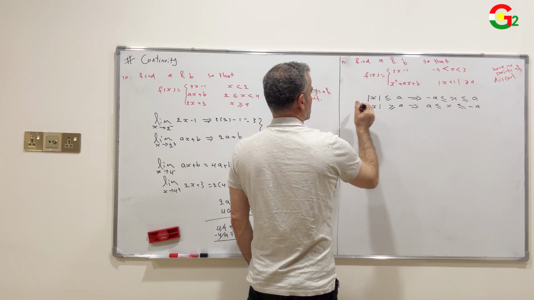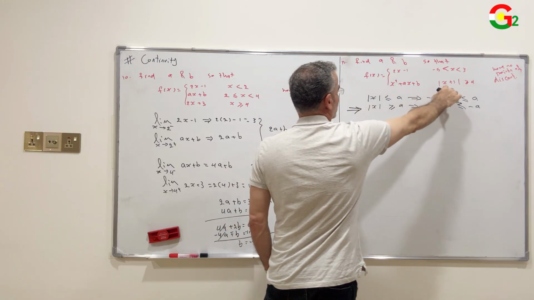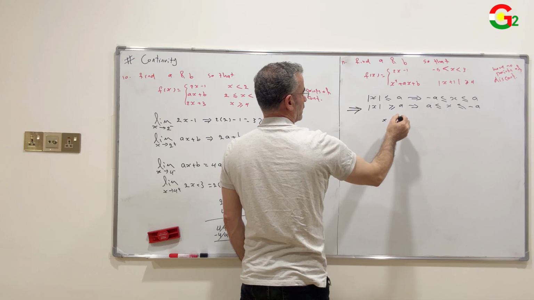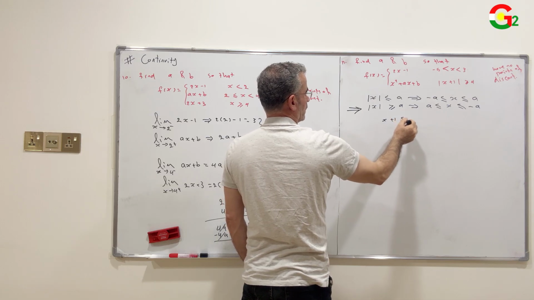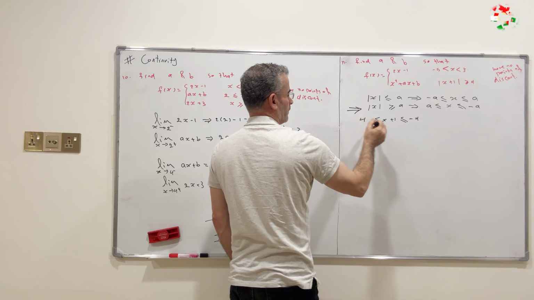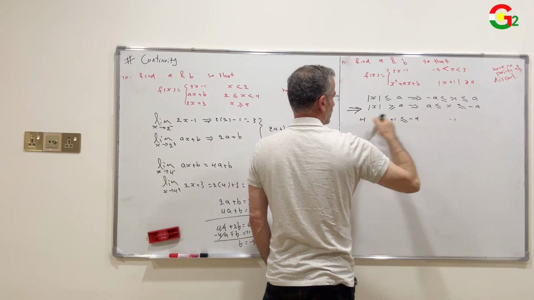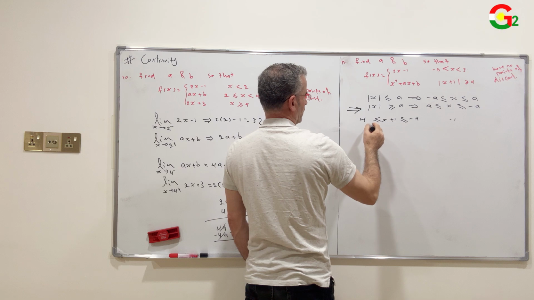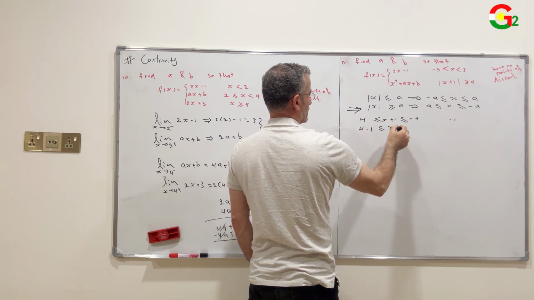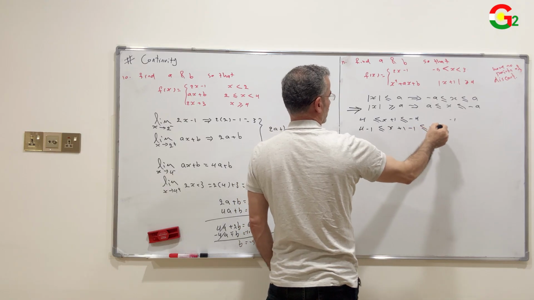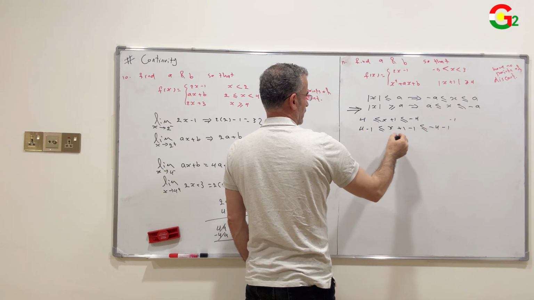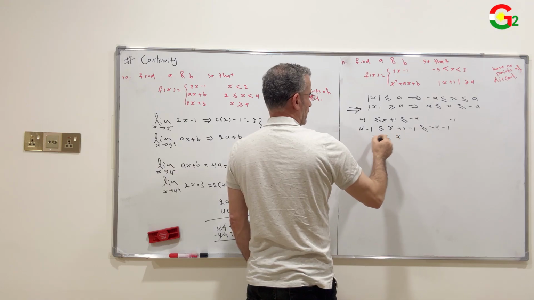Therefore, I'll use this rule to redefine this function. Then x plus 1 less than or equal to negative 4 or greater than or equal to 4. Add negative 1 to all sides of this inequality. 4 minus 1 is 3.